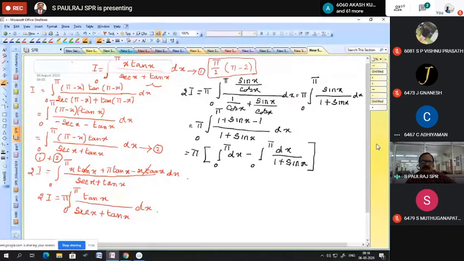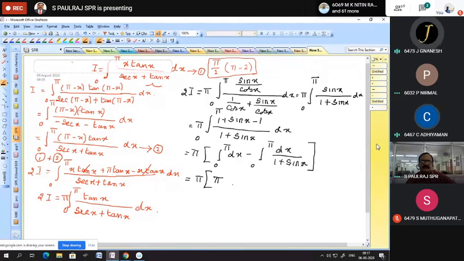So now everybody knows this answer. Equal to pi into integral 0 to pi, and now the conjugate, 1 minus sin x divided by cos square x.